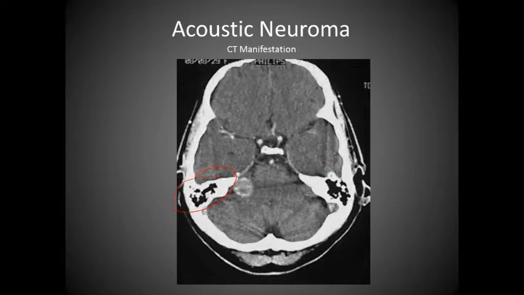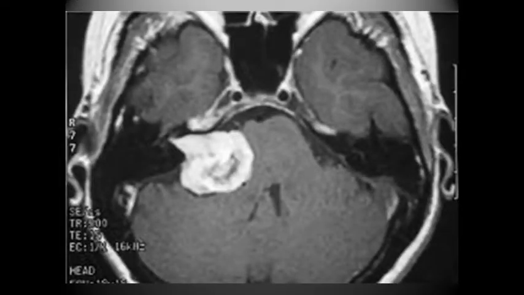Here we have a slightly more enhanced image. We see that we have dense bones here, but we have this rounded density. It does have contrast enhancement. Okay, here is an acoustic neuroma.